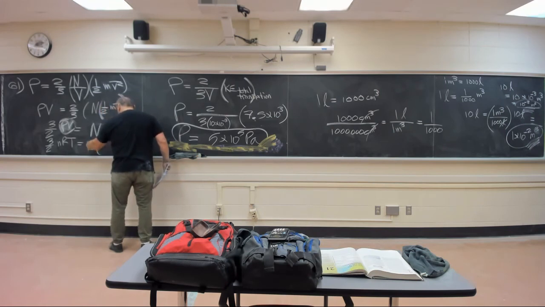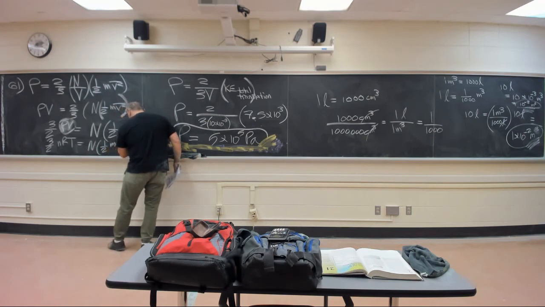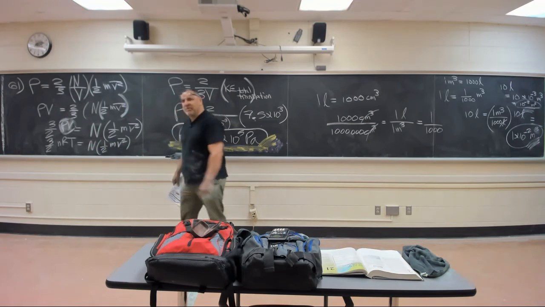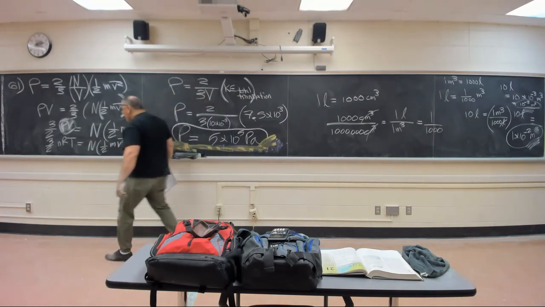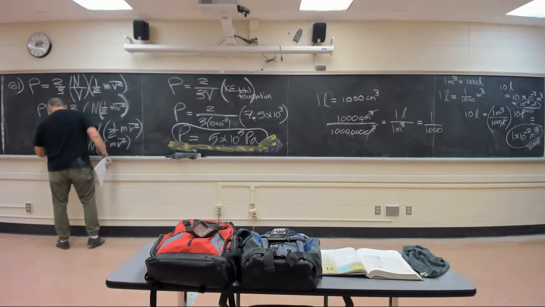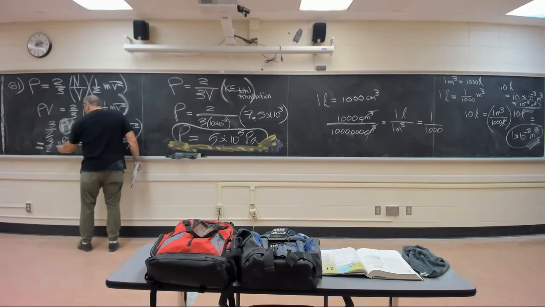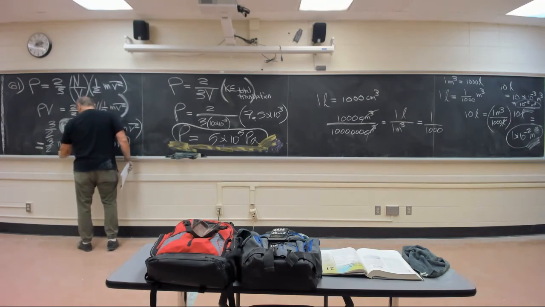That's every single particle accounted for, multiplied by the average kinetic energy per particle. Wow. That's where that 3 halves nRT came from. Well, isn't n the same as number of particles divided by Avogadro's number? Number of moles is number of particles divided by Avogadro's number. Avogadro's number times R is Kb.